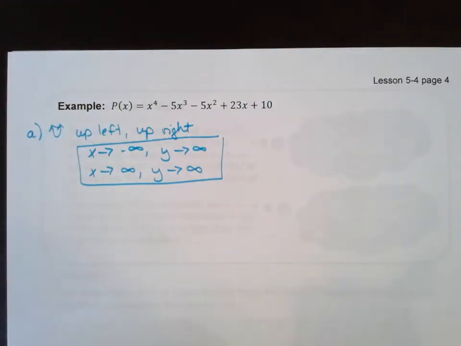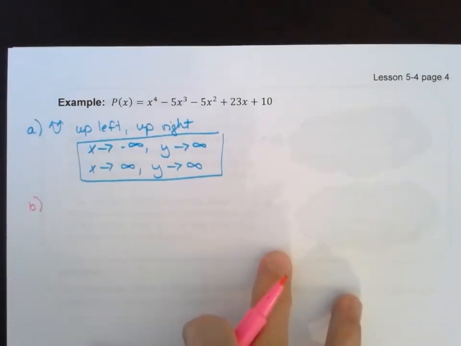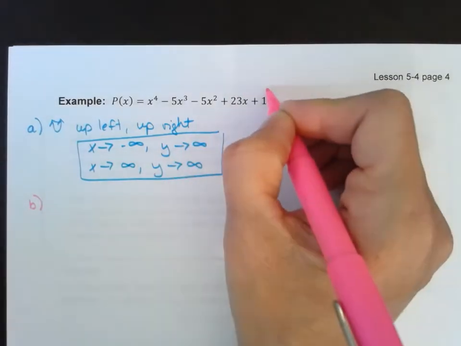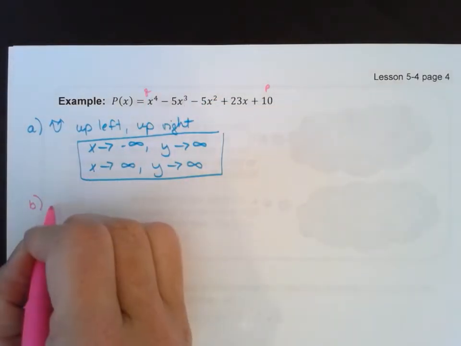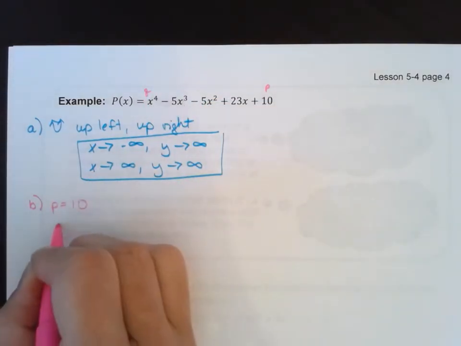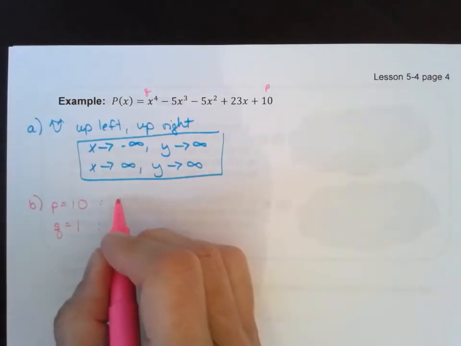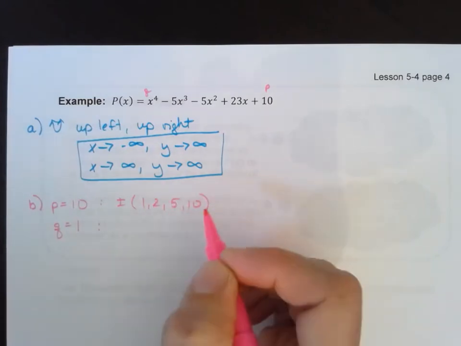The next thing is to find all the rational zeros. Finding all the rational zeros means find all your p's and q's. So 10 is your p, 1 is your q. We need factors of each, so factors of 10 would be positive and negative 1, 2, 5, and 10.